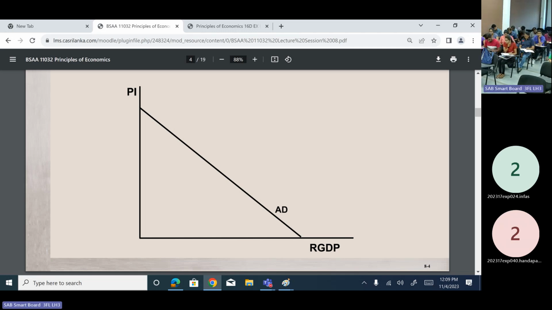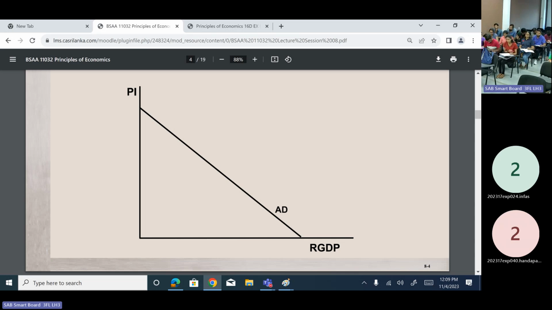Draw the diagram and label it AD, not just demand, AD. Aggregate demand.